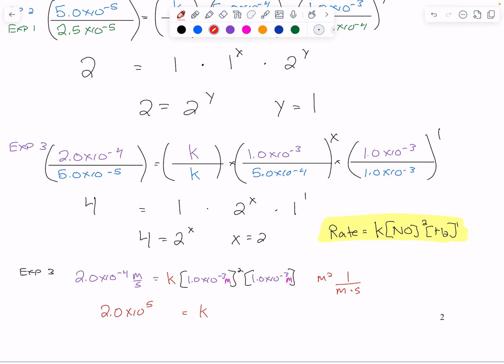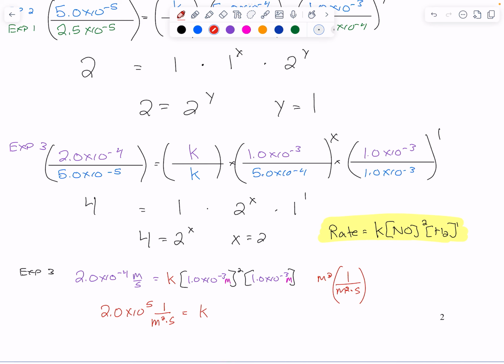Molarity, no, I have molarity cubed, so I need a molarity squared. So it's 1 over molarity squared times seconds. I want that to be a 2. If I have 1 over molarity squared times seconds times molarity cubed, I get molarity per second. So that's what K is.